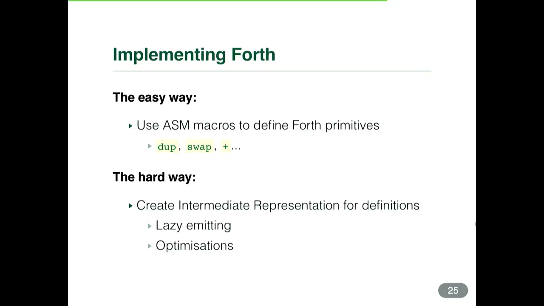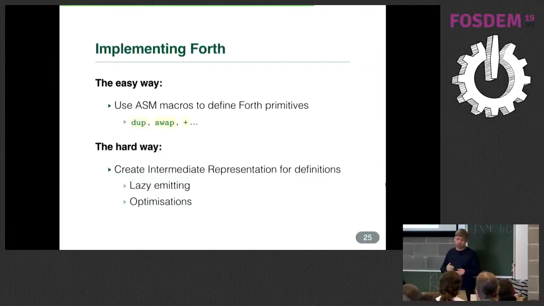We went for the hard way, which is to actually parse every definition that you create ourselves, and store all of the code that you want to write in an intermediate representation. This is a bit more complex because you're not directly emitting assembly anymore, but it allows you to do things like lazy emitting.